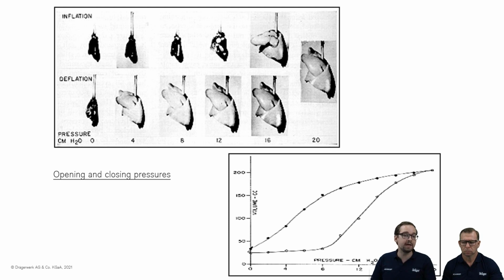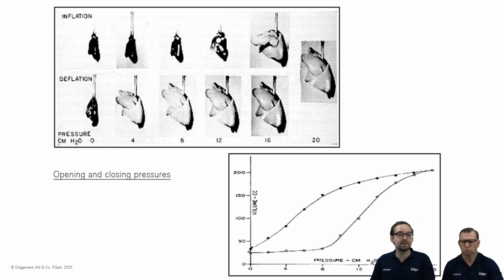During inflation, we are increasing the airway pressures in this animal experiment from 0 to 4 to 8 to 12 to 16. What you see in the first row is that inflation of this animal lung only happens at an airway pressure of 12 or even 16.